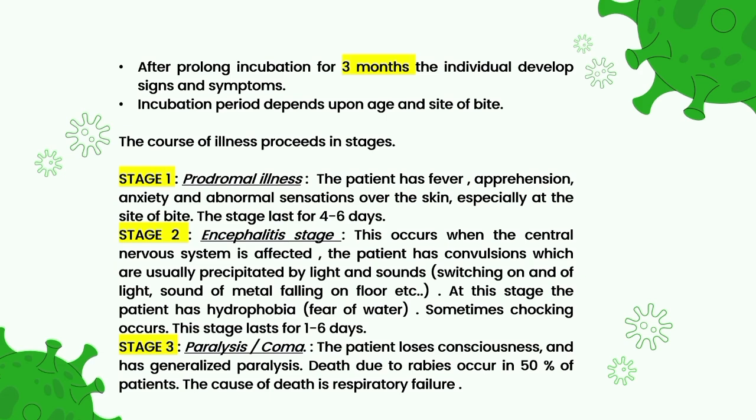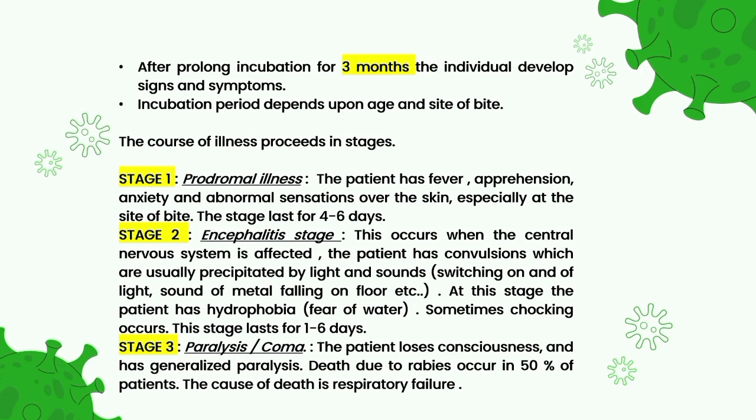The patient has symptoms like fever, apprehension, anxiety, malaise, etc. And abnormal sensations also occur, like tingling, burning, or itching, especially at the site of the bite. These abnormal sensations occur because the virus is affecting the peripheral nerves.